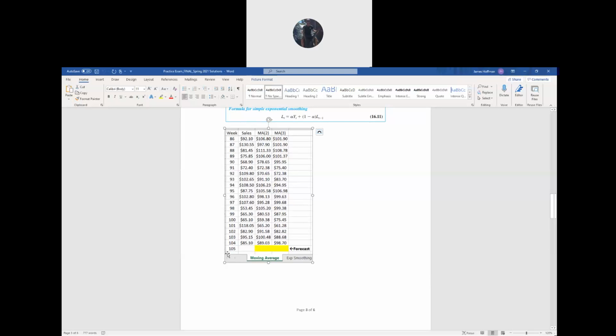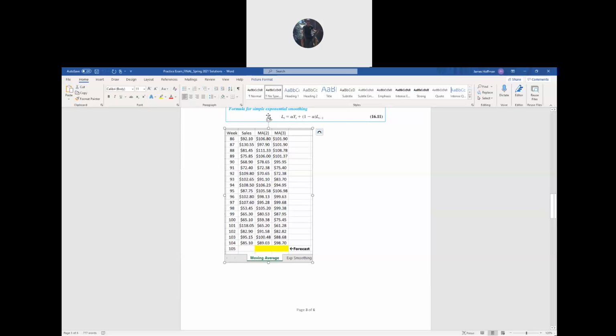If you're going to be doing a 105 forecast, an MA2 is the average of these last two, an MA3 is the average of these last three, an MA4 is the average of these last four, and to do the average, just add them up and divide by the number of items.